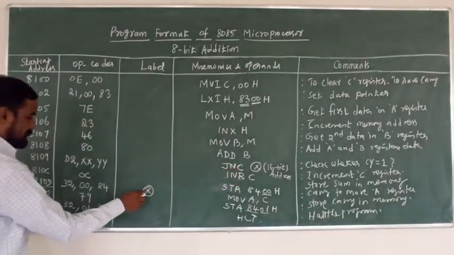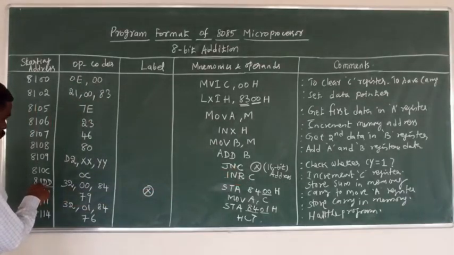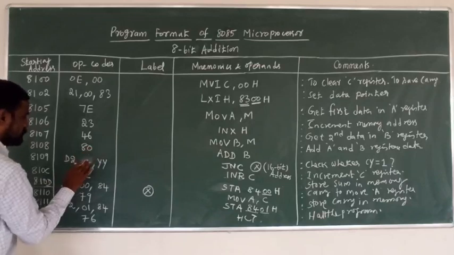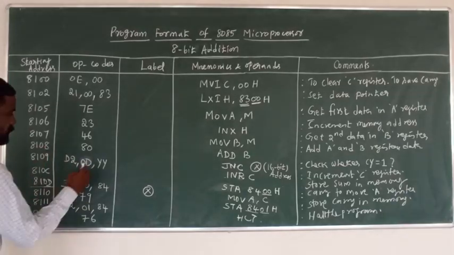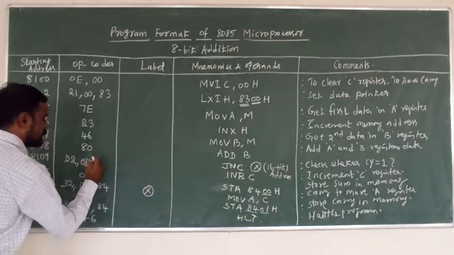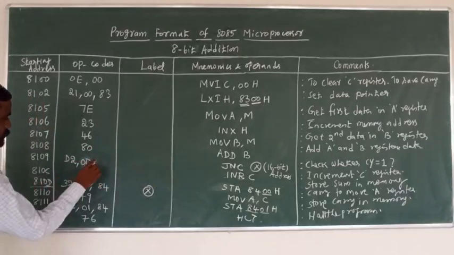Jump to this address location. Now here we have to initialize the 810D address. First we have to represent the least significant byte. Instead of XX, write 0D, and instead of YY, write 81.